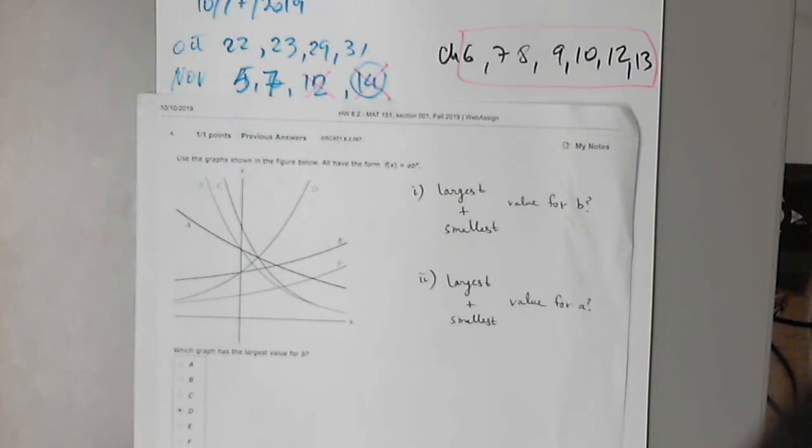This has base 2. This has base 3. This has base e to the x. This has base 10. And the further away I go from the y-axis, the smaller the base becomes. All these ones have a base less than 1, so I would disregard them, because it says which graph has the largest value of b. Is that okay?